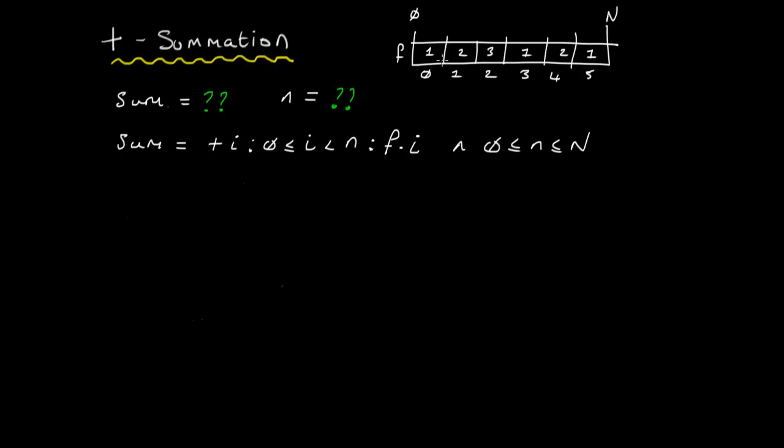And because we want to process all of the elements in the array, we want to get the total sum, not just the sum of some elements in the array, but the sum of all the elements in the array. We would of course start our processing at 0 and then work towards n. So once again, it makes sense in this case to initialize n to 0.